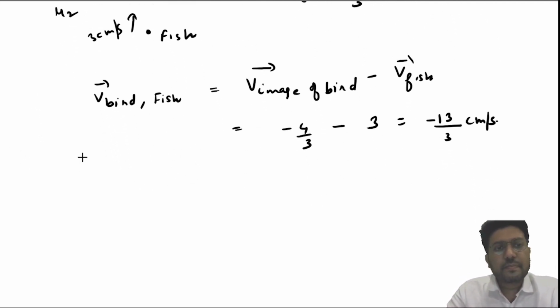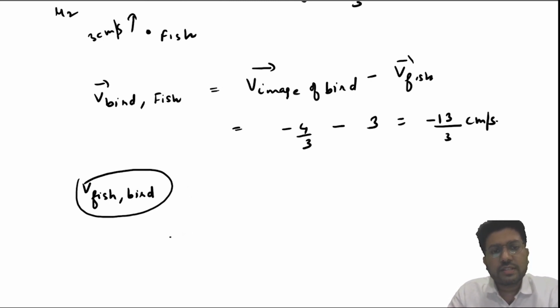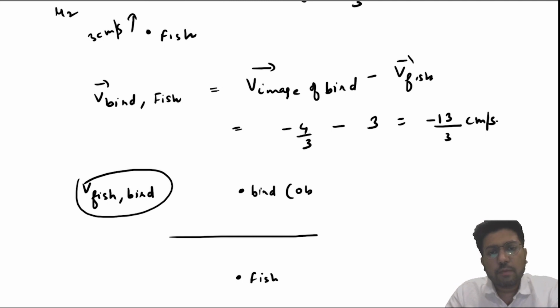Then there is velocity of fish as seen by bird. We need to find velocity of fish as seen by bird. So this time what will you say? This is fish, this is bird. So this time bird is the observer and fish is the object.